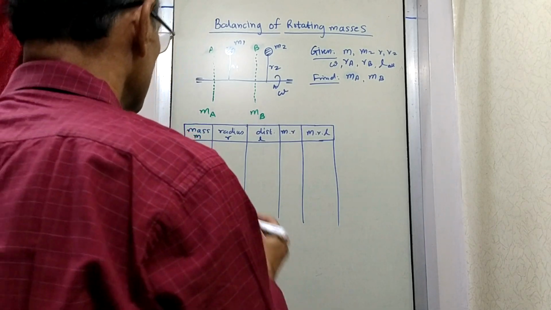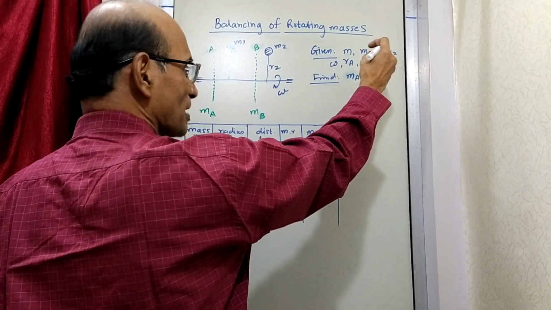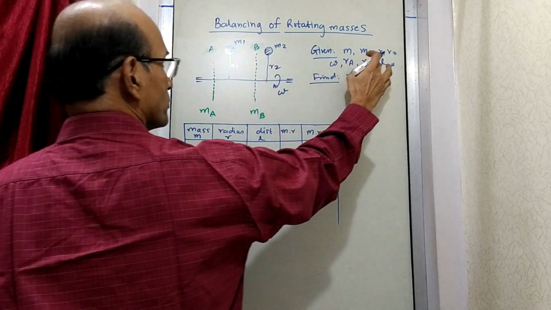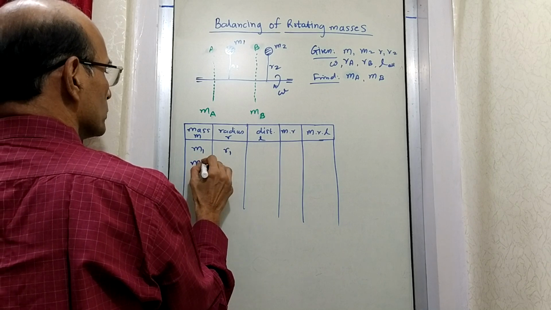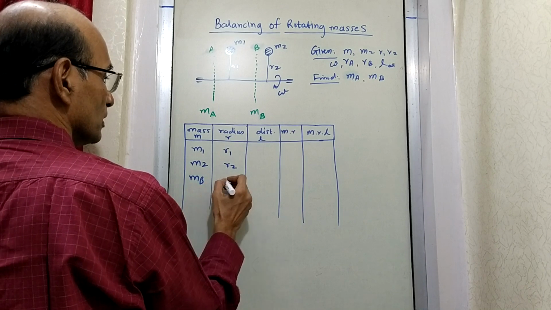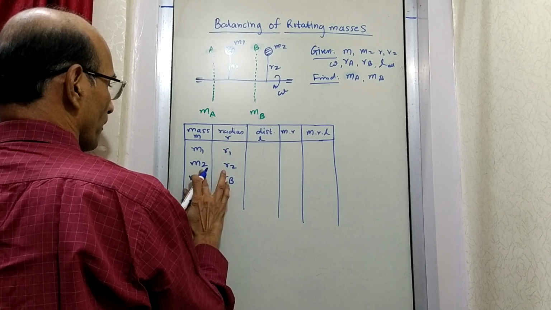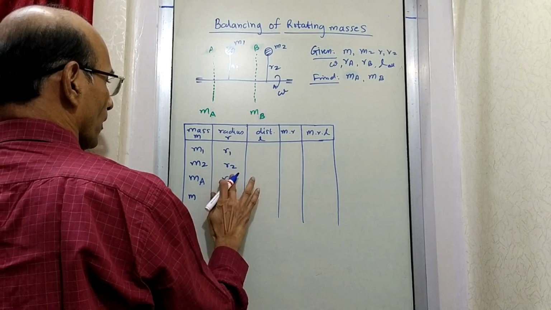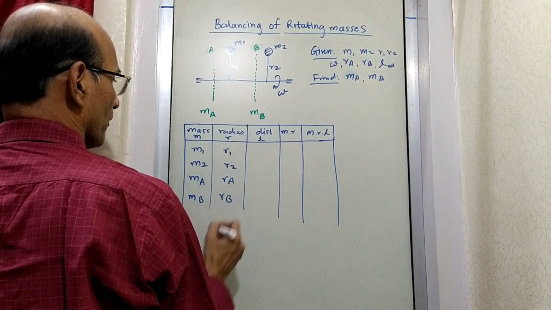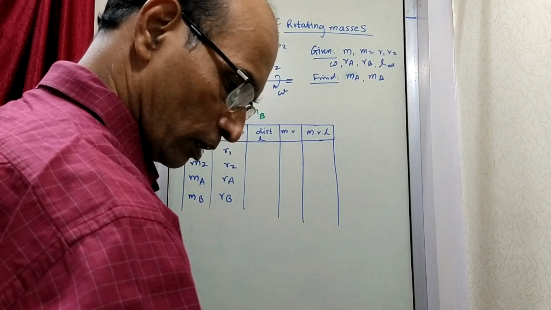So now what we do is, we write here M1. So this magnitude of mass, so many kgs, is given to you in the data, that we write here. That is at a distance R1 which is given right here. M2, second mass, distance R2 here. Then MB, the balance mass, to be put at RB. I'll write A. So here, what all things are given and what are not given.